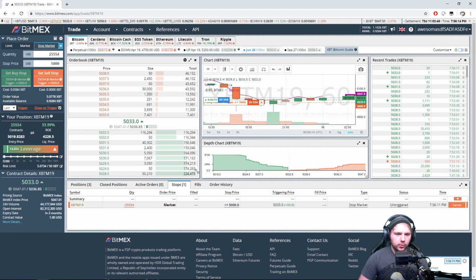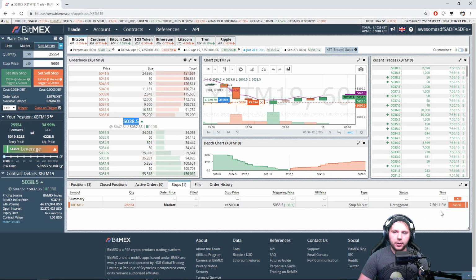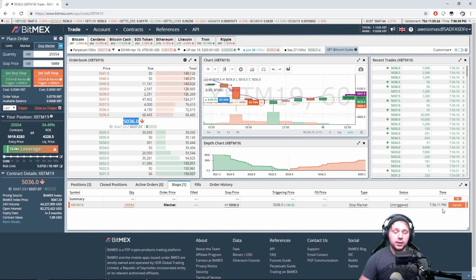Essentially, if the asset price goes down to 5,000, it'll close my position automatically, and then I no longer have a loss below that. So if Bitcoin went to 4,800, it doesn't matter. My stop would have triggered, and it would have closed my position at 5,000 as soon as it hit it.